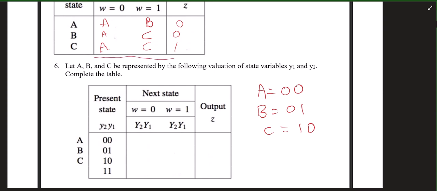Everywhere there's an A, I'm going to put 0,0. B was 0,1. And C was 1,0. I don't have a fourth state, so this is going to be a don't care. And then my output Z is going to be the same, 0, 0, 1, except now I have a don't care.